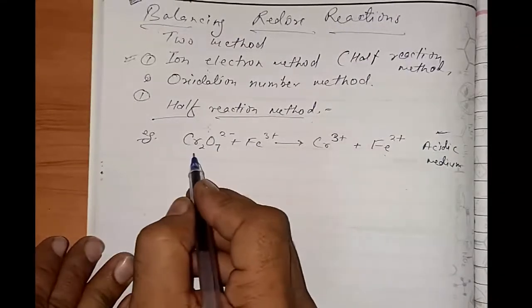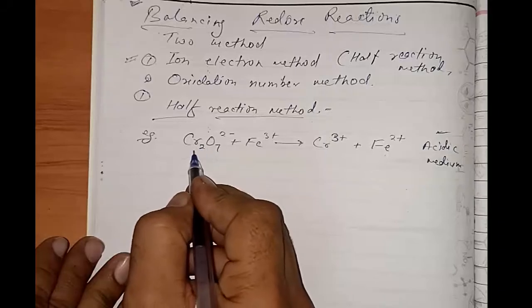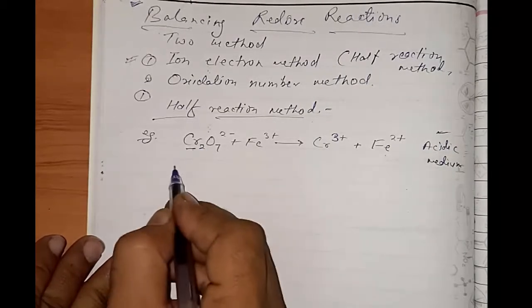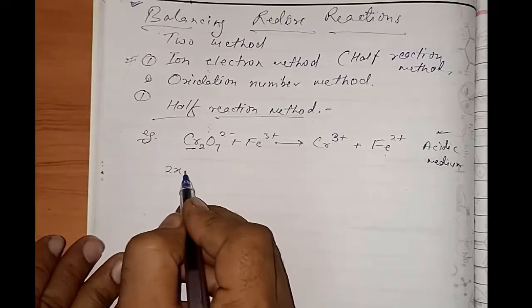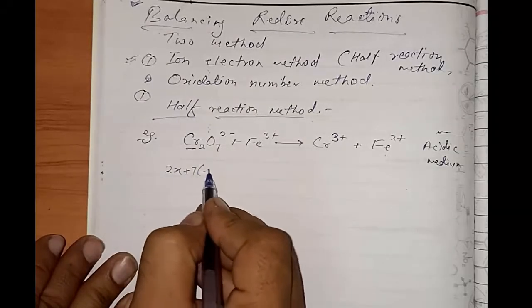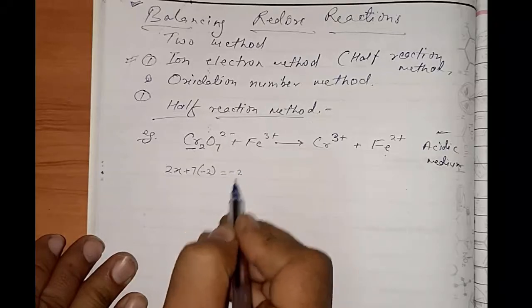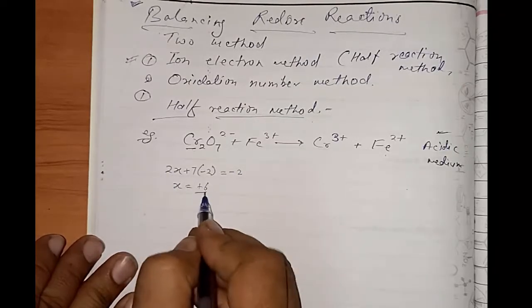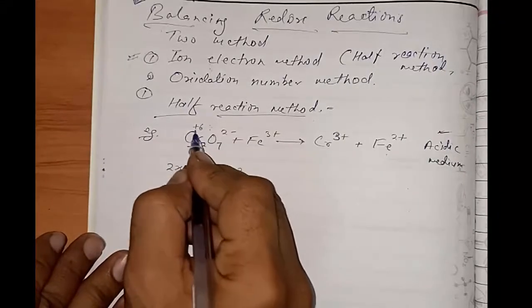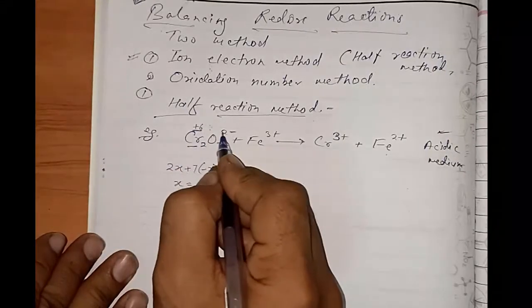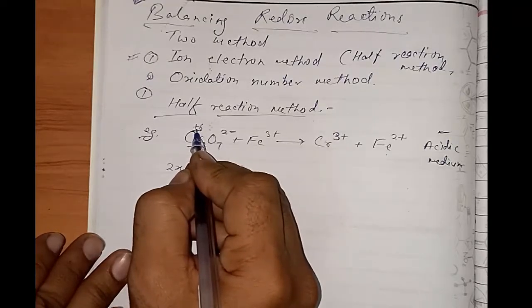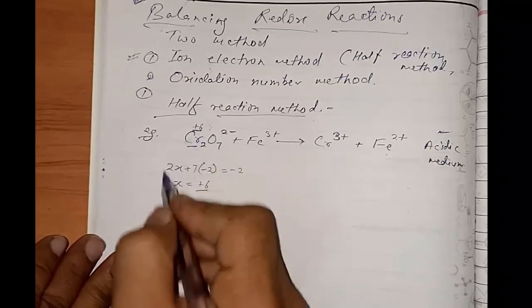I write the oxidation number of chromium first. 2x plus 7 times minus 2 will be equal to minus 2. So x will be equal to plus 6. This is the oxidation number, this is charge. Please don't confuse them. This is an imaginary charge, that's why it is called oxidation number.